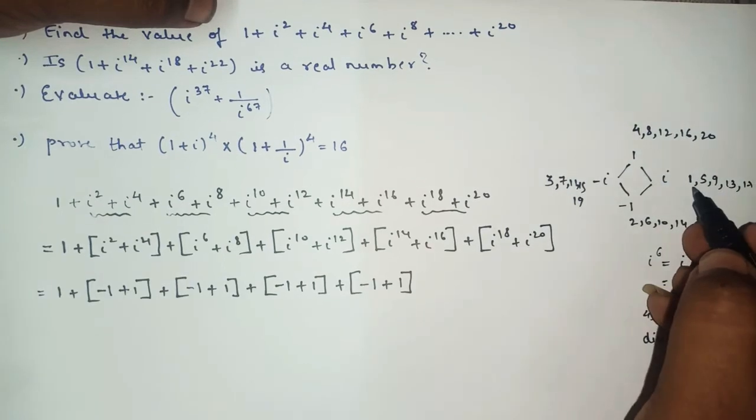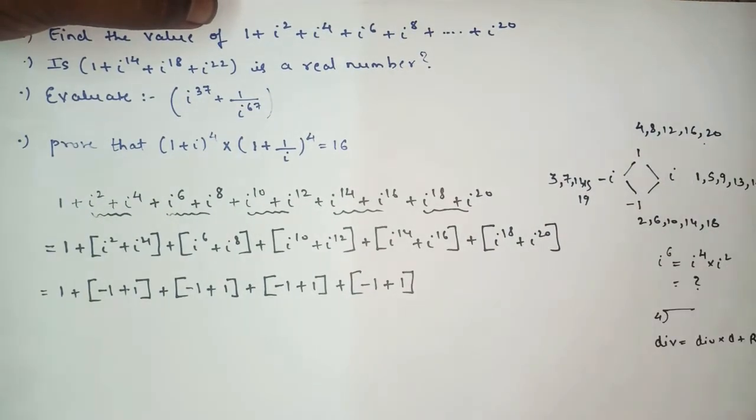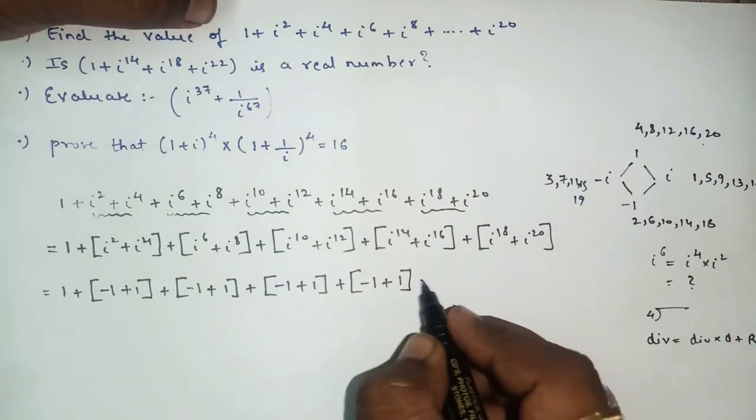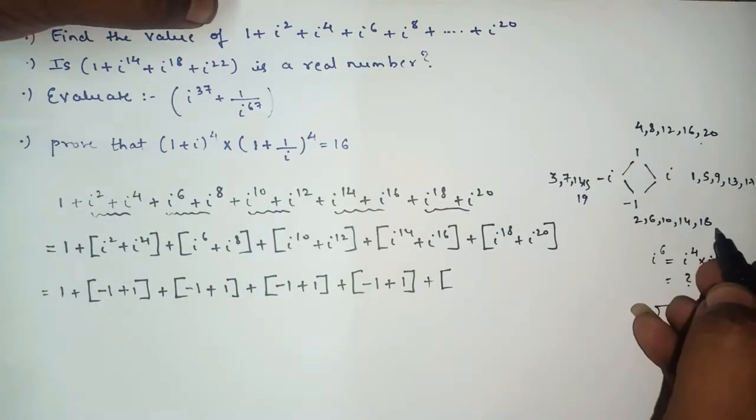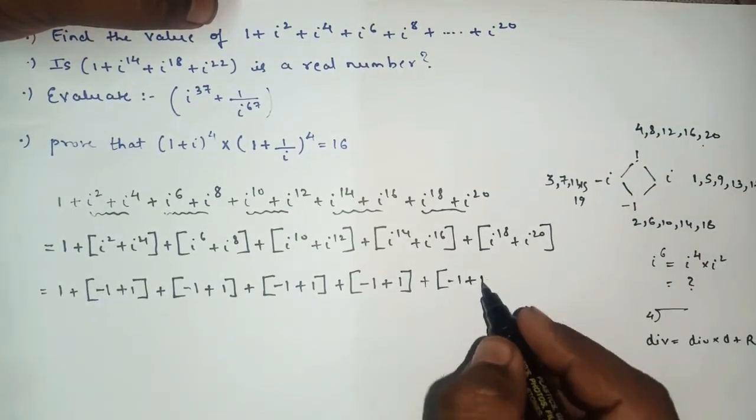I hope you all understood what these numbers mean. These are the powers of i, yes or no? Plus i raised to 18 is minus 1 and i raised to 20 is 1.